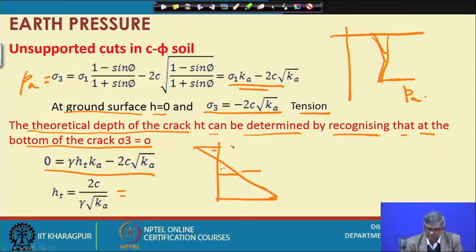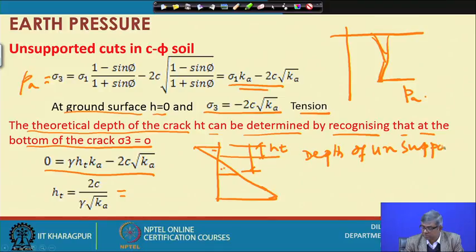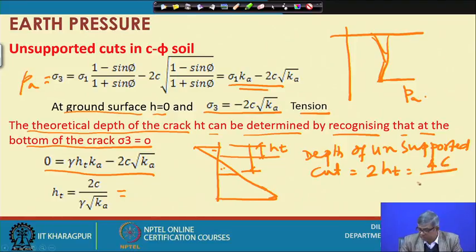So ultimately, twice of this H t, we can excavate without any support. That means the depth of unsupported cut will be equal to twice H t, equal to 4 C by gamma root K A.